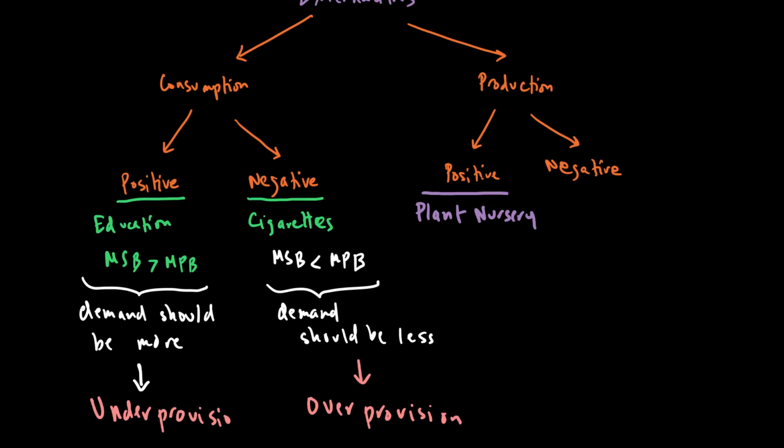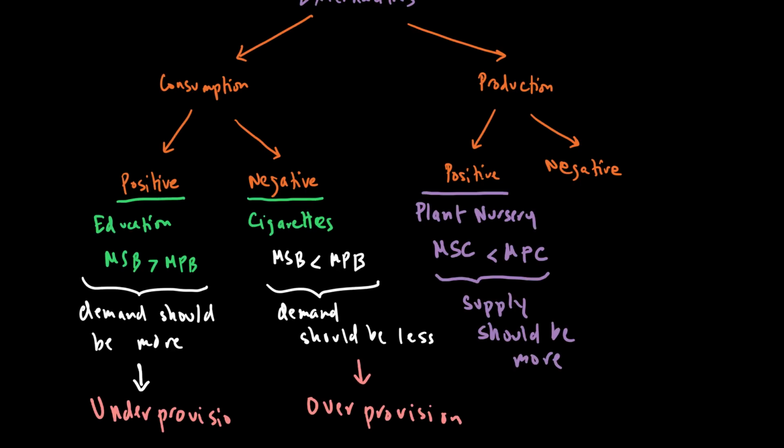So the marginal social cost, the cost to society, will be lower than marginal private cost. There is a positive externality on the production side, and because of this we say supply should be more. And because supply should be more, the problem here would be of under provision.